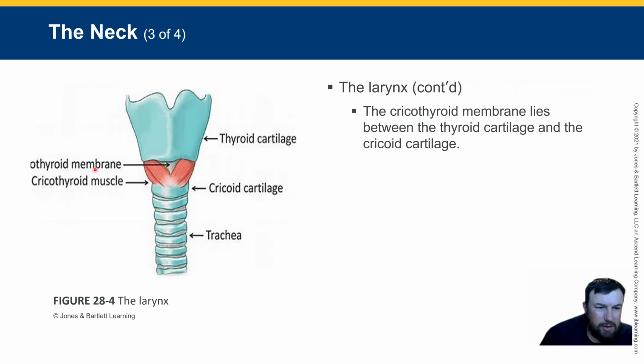I thought maybe it would help, but I may do nothing but confuse people. So thyroid is above, cricoid is here. That membrane, we hear of paramedics doing a cric on people. They're going right here into this membrane. That's why I don't want to get hung up on this, because we need to kind of know where it's at, but it's not super important for us.